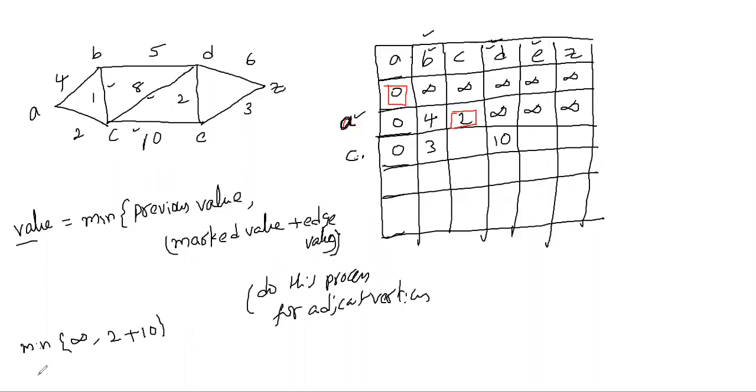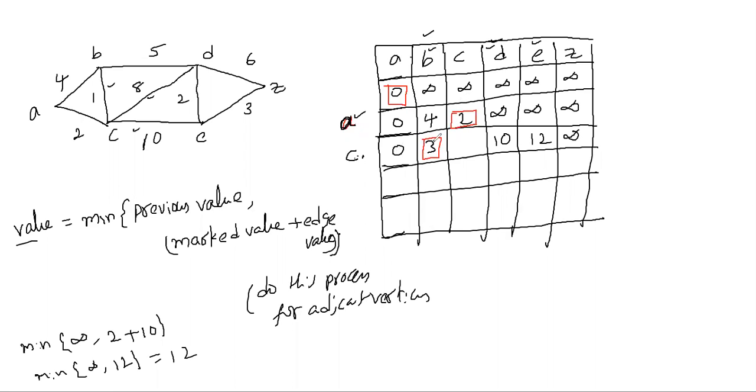So minimum of infinity comma 12 is 12. Now the infinity you write as it is. The columns which are marked red, you leave them as they are, don't fill them up. Next, among these three, 0 you don't take, 3, 10, 12. What is the minimum value? 3. So the minimum is 3.